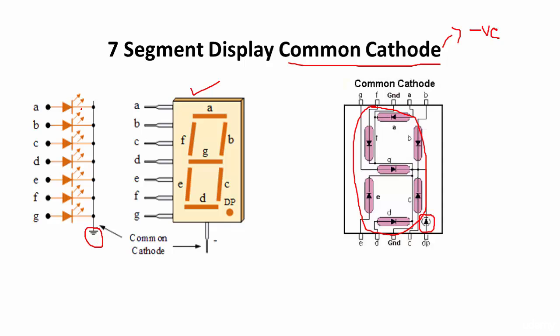The cathodes of all the LEDs are common to ground. That's why it is called common cathode. The cathode is common, so you can control the anodes by the microcontroller.